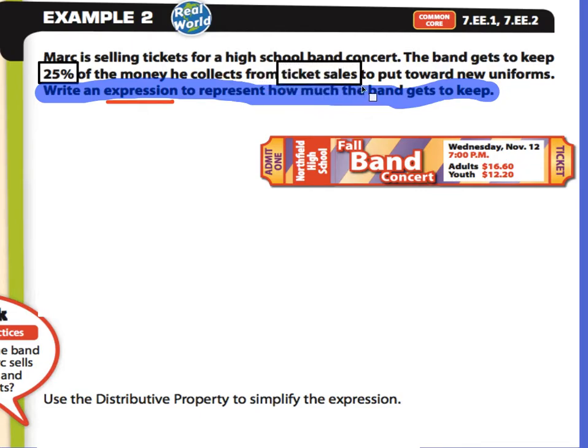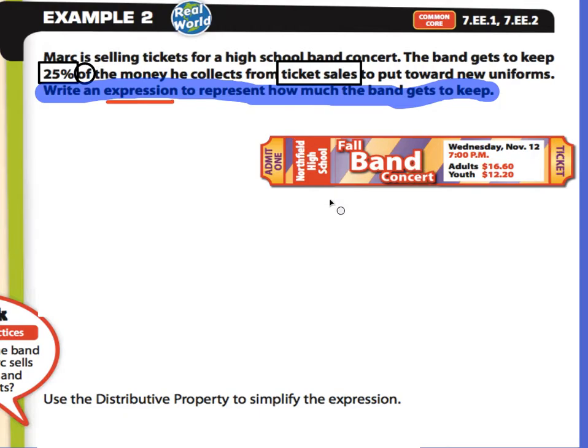Well, ticket sales, so he gets 25% of the ticket sales. Well, remember, of, in this case, tells us to multiply. Okay, so they get 25% of the ticket sales. But now there's not that information about how much the tickets are inside of the problem.